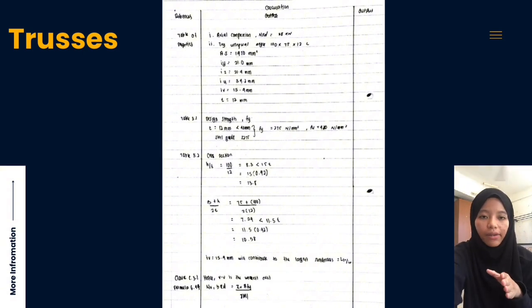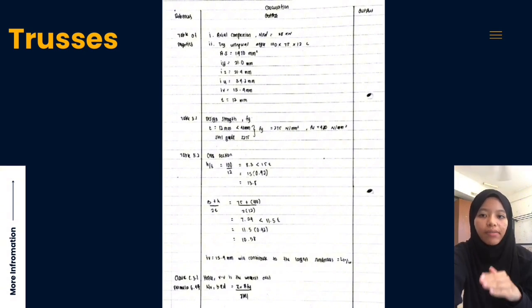From table 5.2, the cross section H over T. So H is 100 over 12 millimeter equals 8.3, smaller than 15 epsilon, where epsilon is 0.92. So 15 multiplied by 0.92, we will get 13.8. And then the next formula is B plus H over 2T.